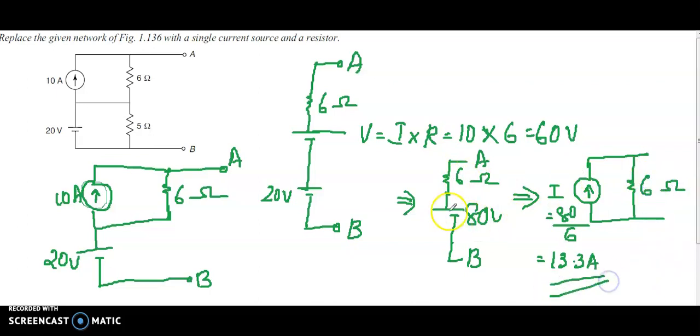This is the answer for this question: replace the given network with a single current source and a resistor. This is a single current source and a resistor. I will explain another problem, then you will understand it better.